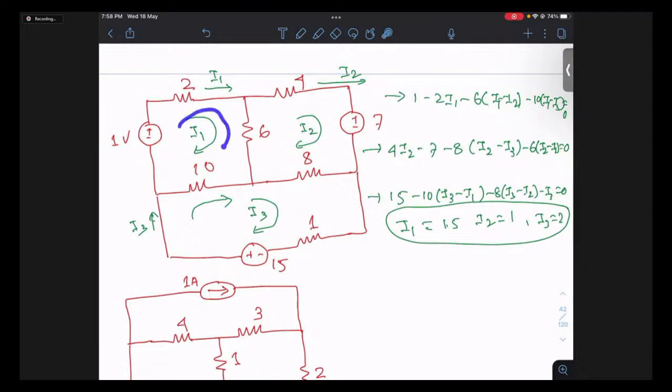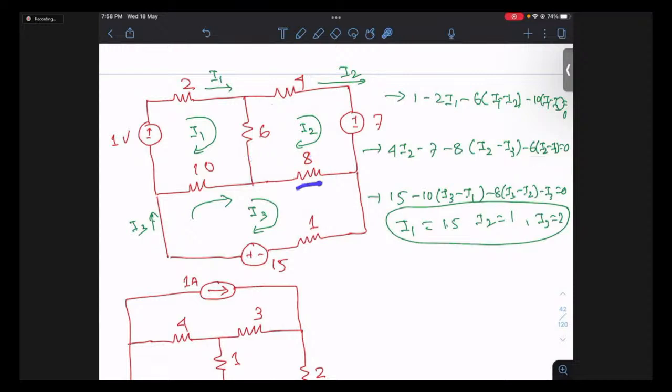Okay, so three mesh equations I have written, one for each mesh. If I'm writing for this one, again the same story. KVL means minus 2, plus means plus 1. So here minus 2 I1, here minus 6 (I1 minus I2), here minus 10 (I1 minus I3). Because I'm writing for mesh 1, you are getting I1 minus something. But if you write the same 6 ohm for the second mesh, you get I2 minus I1.